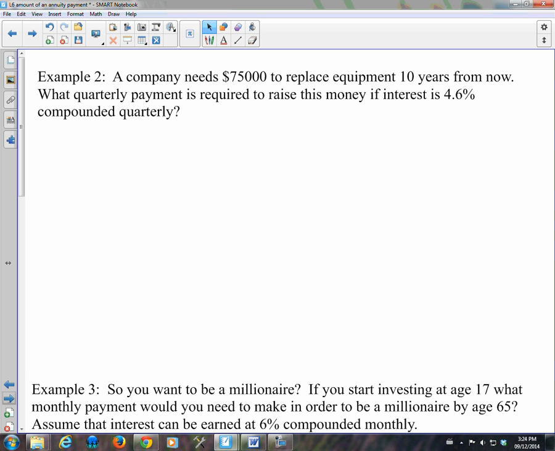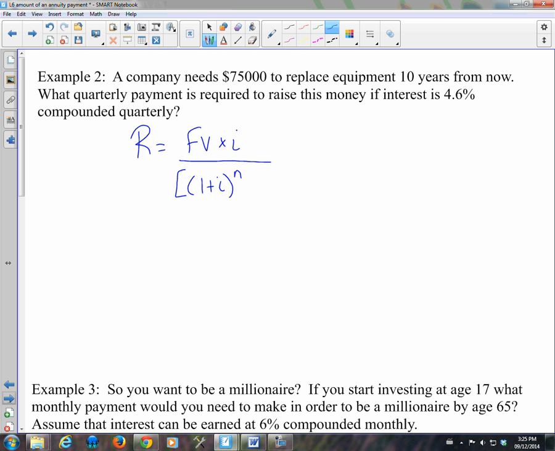So companies will often plan, they know they've got a capital expense like equipment. They'll start saving money so they can afford that upgrade. What quarterly payment is required to raise this money if interest is 4.6% compounded quarterly? So the payment is the future value times the interest rate over 1 plus the interest rate to the number of payments minus 1.